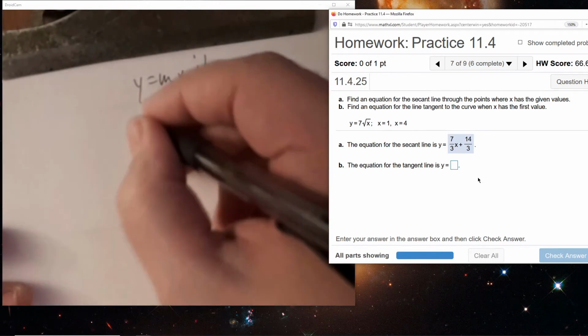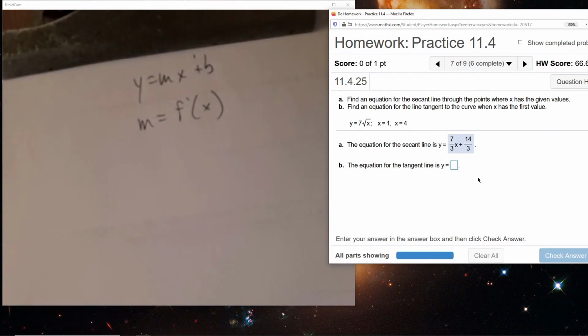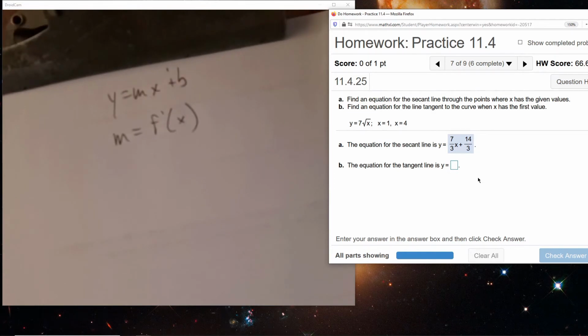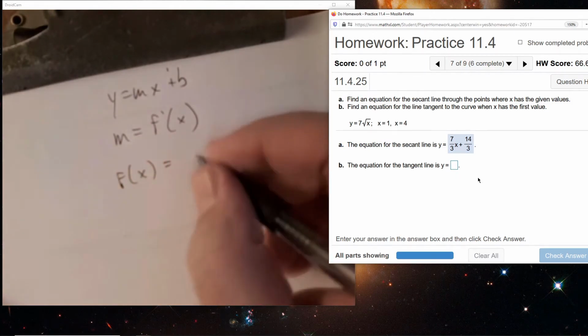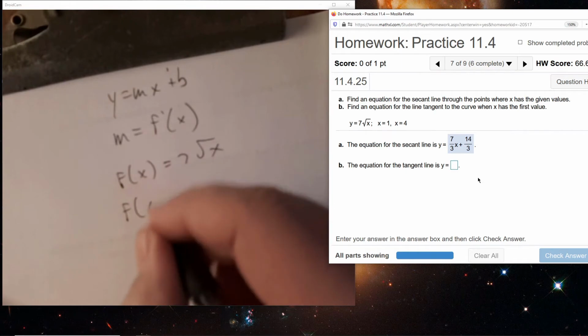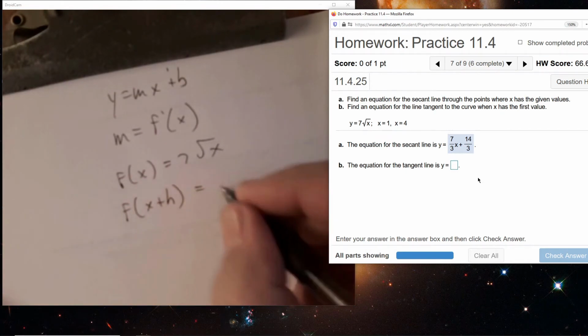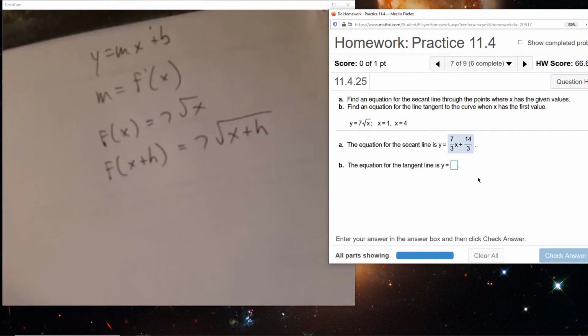However, for the tangent line, the slope is given by the derivative. So we need the derivative. So we know what f of x is because they're telling us it's 7 square root of x. We then need f of x plus h, so we'll just plug that into the function, and so we'll get square root of x plus h.